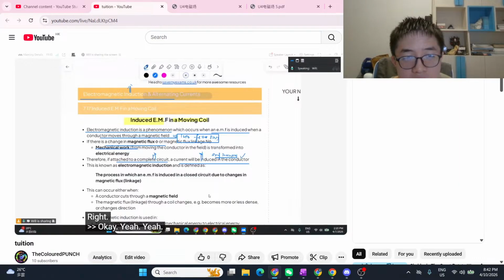The process in which EMF is induced in a closed circuit due to changes in magnetic flux.